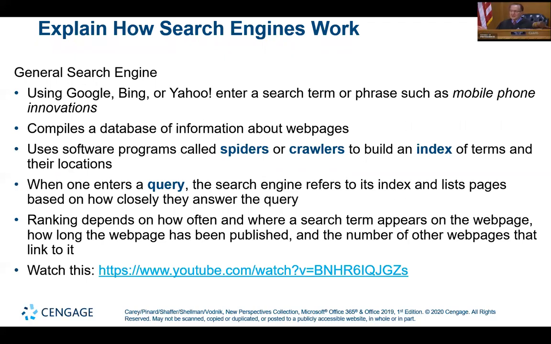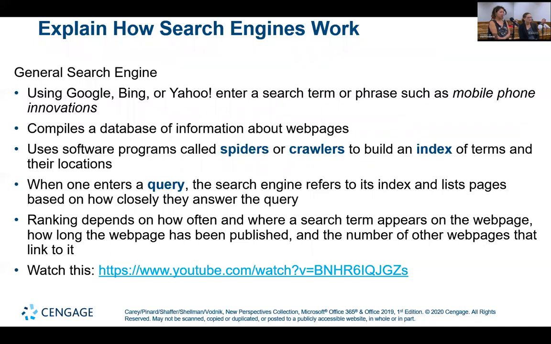General search engines. These would be your Google, Bing, Yahoo. Enter a search term or phrase such as mobile phone innovations. It compiles a database of information about web pages, and that list of databases uses software programs called spiders and crawlers to build an index of terms and their locations.